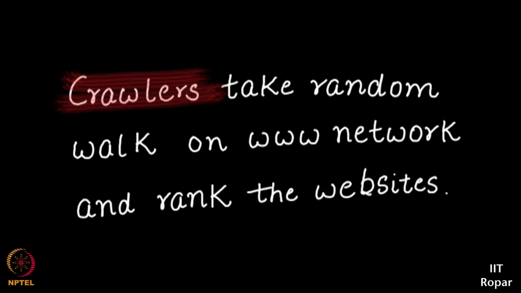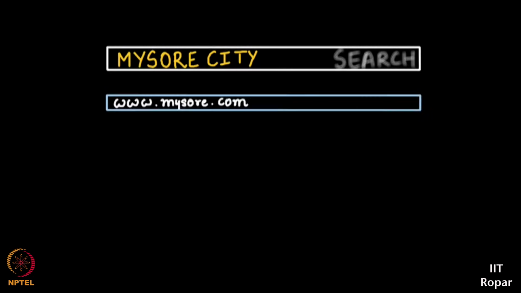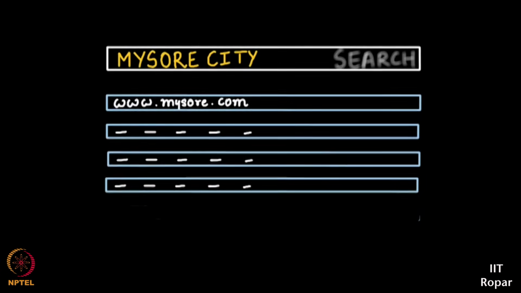Okay, now when you type the word, let's say Mysore city, right? It will look at all those websites which have the word Mysore, and then it will realize that there are 10,000 websites that have Mysore in it, but it will show you the top few sites that have accumulated top points due to this random walk.